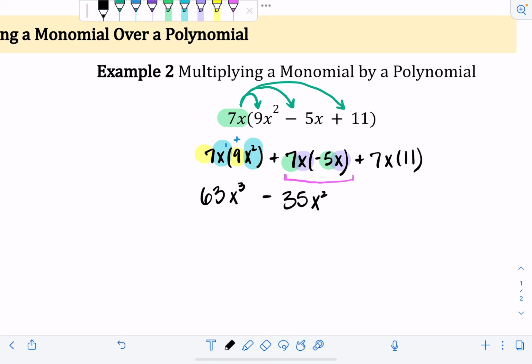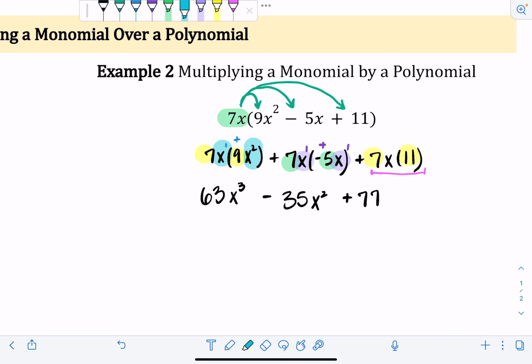That's just what x squared means, two x's being multiplied together. But if you want to think about it in terms of adding the exponents, this would be an x to the first power, and this would be an x to the first power, so if I add 1 plus 1, I get my 2. And then for the last term, I just have my constants that I can multiply together: 7 times 11, which is 77.